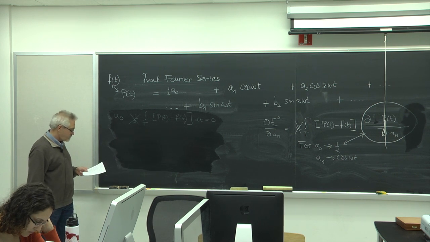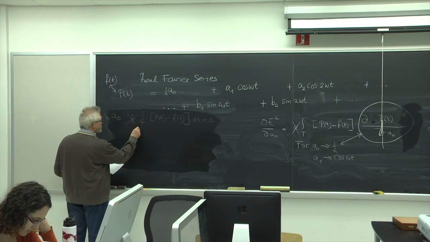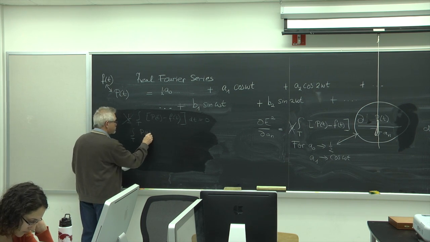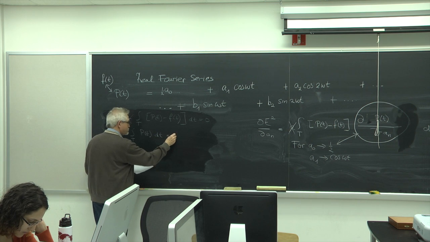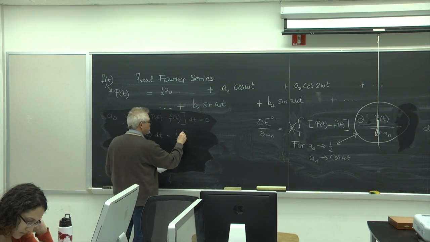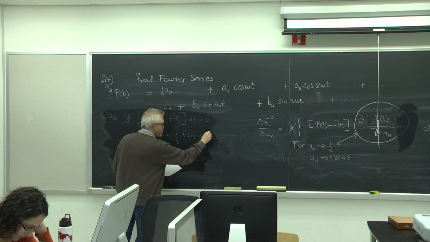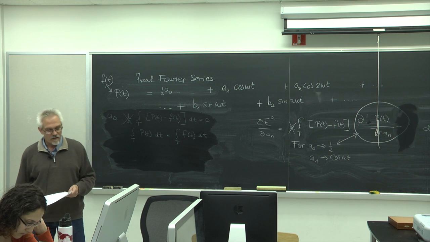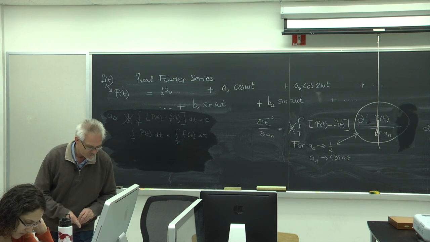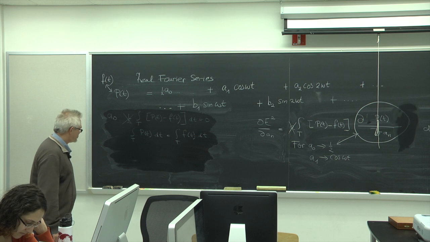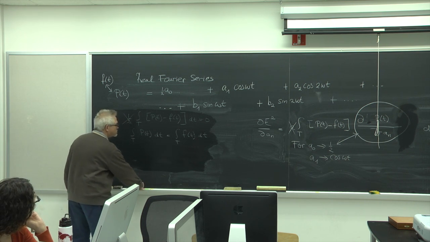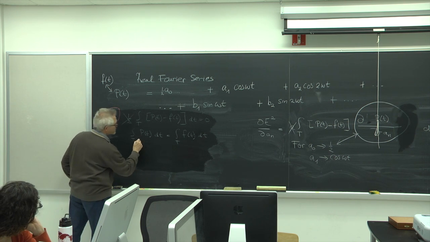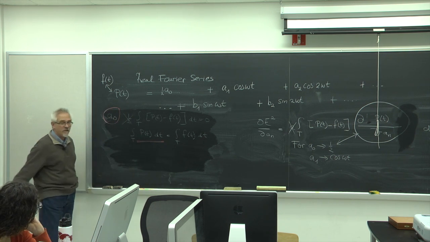So now I can simplify this expression to this thing. And now we need to start thinking, because what I want to do is find out what this expression is going to be.